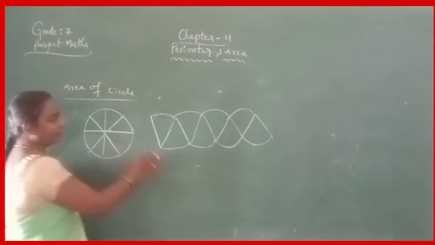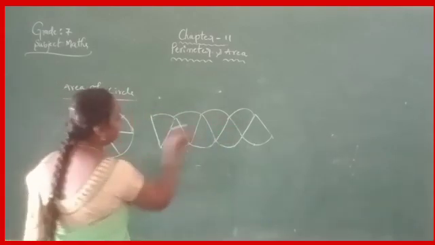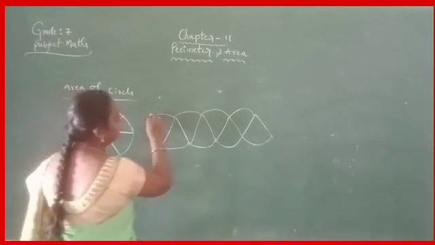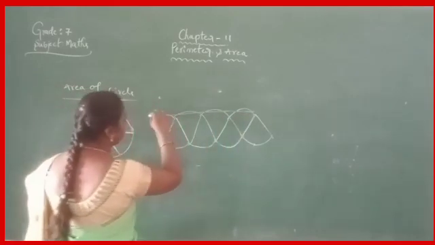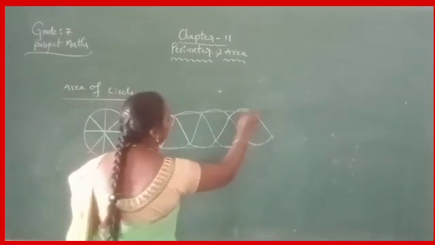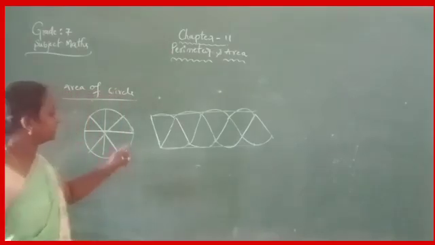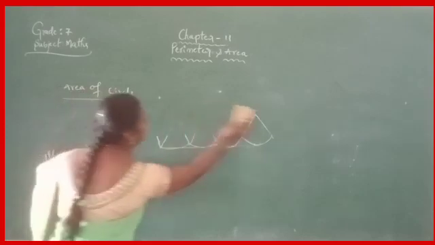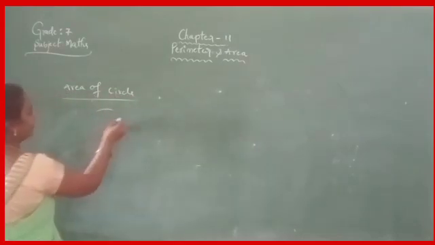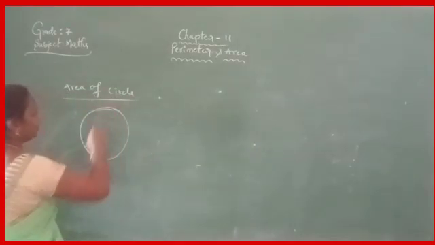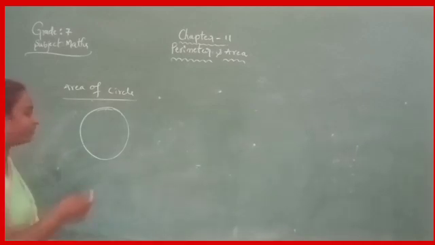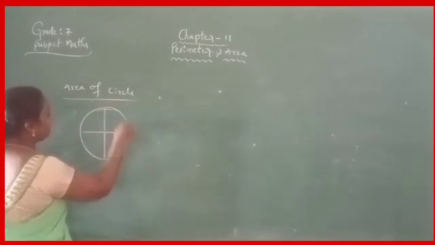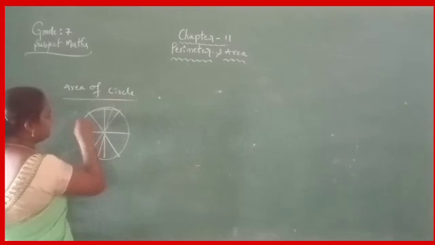After you arrange all these parts, it forms a parallelogram. It shows like a parallelogram figure. Now again, if you divide this circle into 64 equal parts, each part is very small.